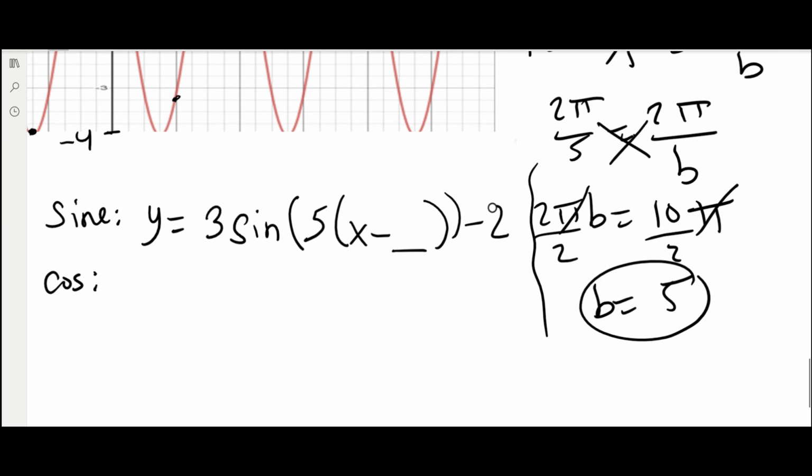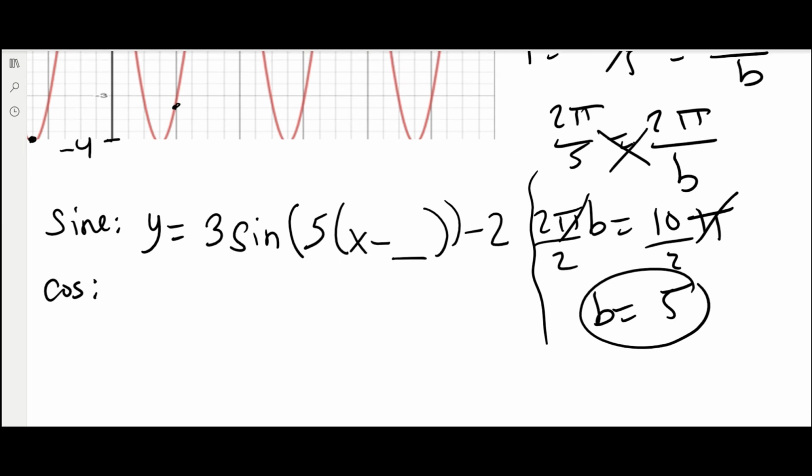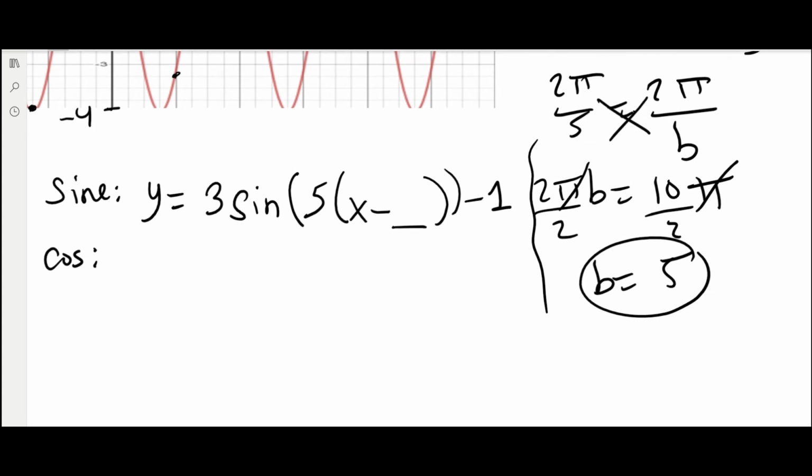No, it was -1. I apologize. So D is -1. All right, so there's my equation for sine so far. The equation for cosine looks the same, just use cos instead.